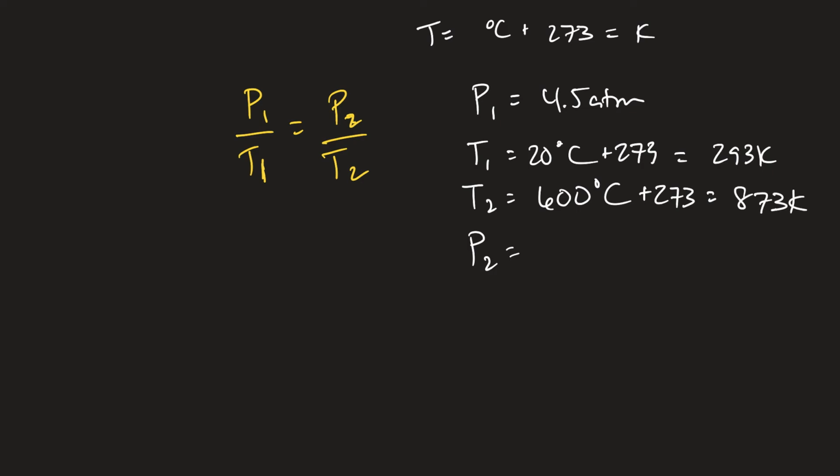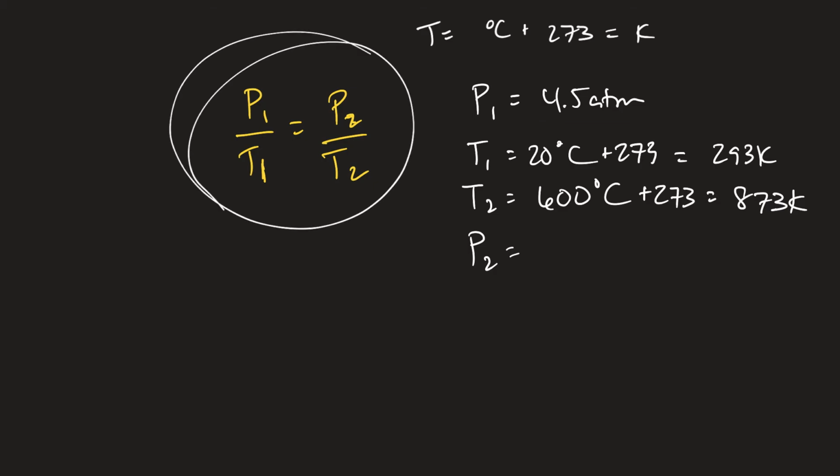Okay, and so I'm going to use this equation. I'm just going to rearrange it so I can have P2 on its own side. So I'm going to have P1 times T2 divided by T1 equals P2.